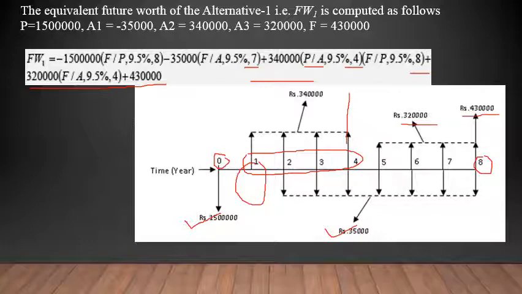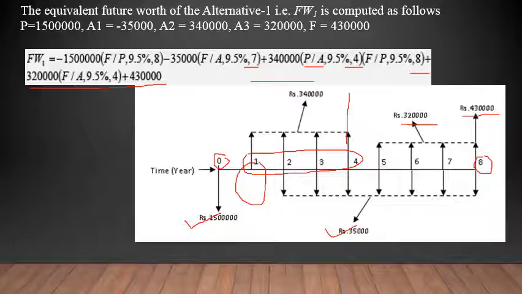That's why I could directly use the factor F by A with n as 7, because it started from 2nd, 3rd, 4th, 5th, 6th, 7th and 8th as well. There was a flow. That's why I could straight away use the factor F by A, but not for this 3,40,000, because there is no flow continuously till the end.